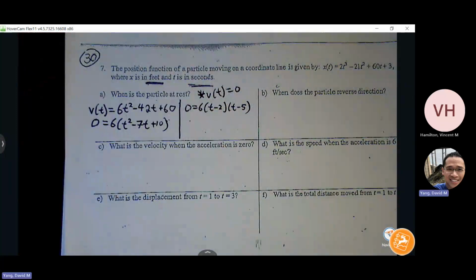Multiplies to be 10, adds to be negative 7. Okay, so we get t equals 2 and 5.